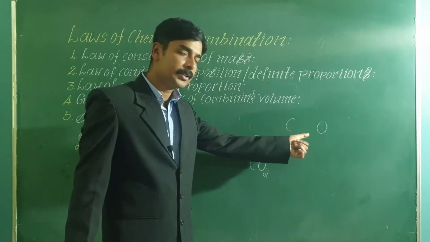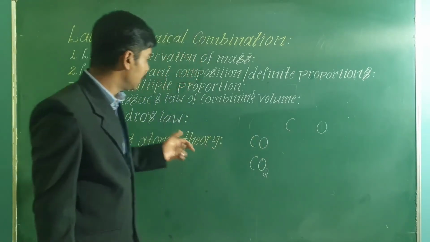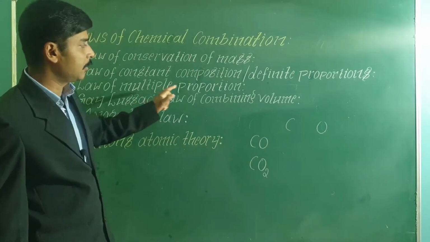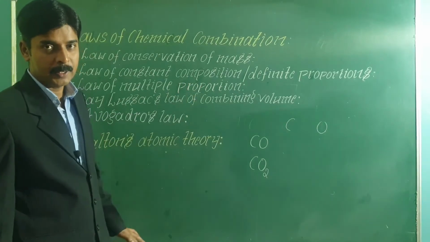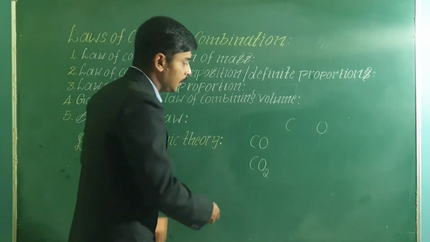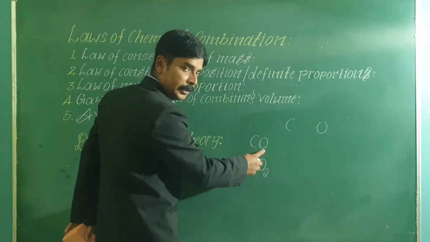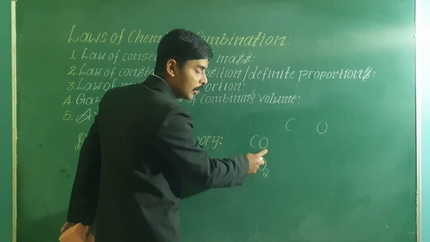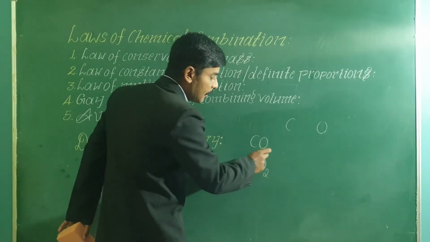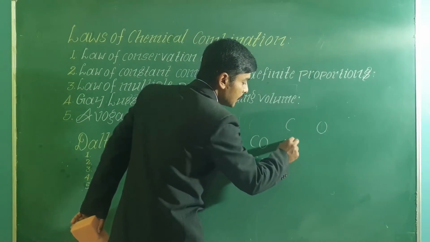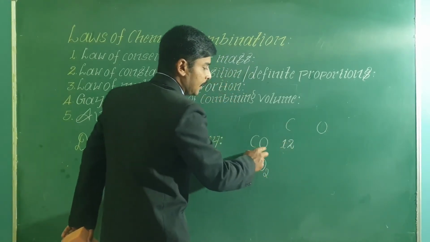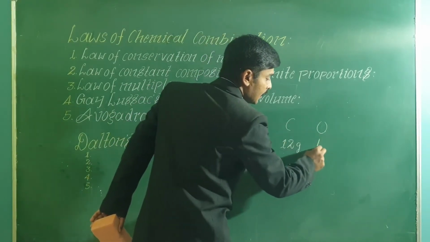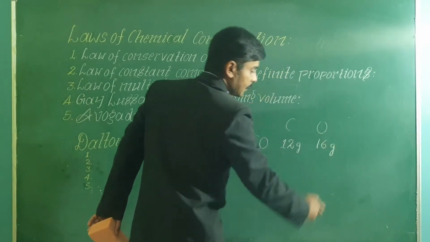Only when two elements combine to give two or more compounds, the law of multiple proportion must be used. Now, in carbon monoxide, we have one carbon atom and one oxygen atom. So the gram atomic mass of carbon is 12 and that of oxygen is 16 gram.